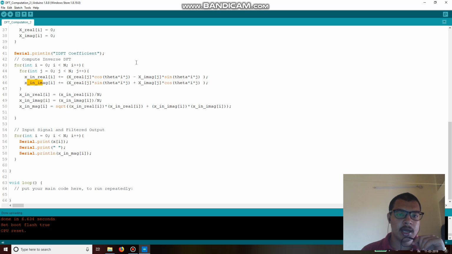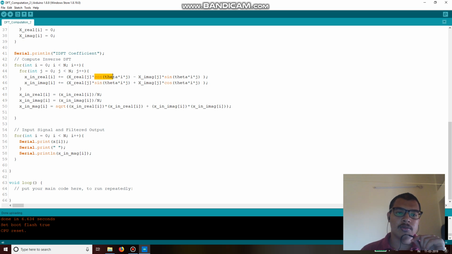Now while taking IDFT, we'll be taking the conjugate of the W matrix. Here we have not calculated the W matrix, so we have implemented the code directly through two loops.